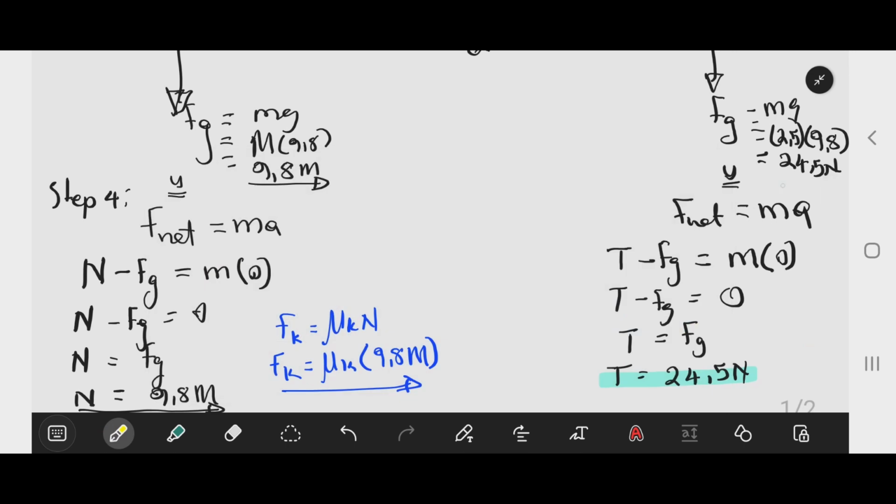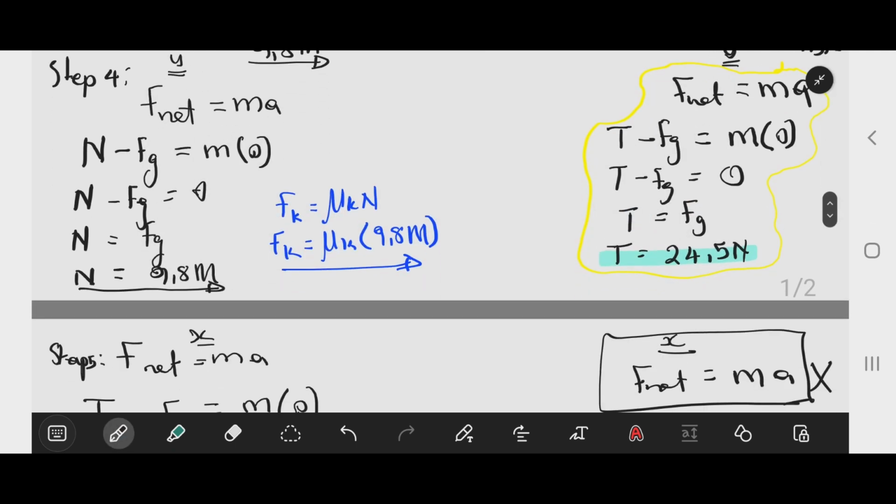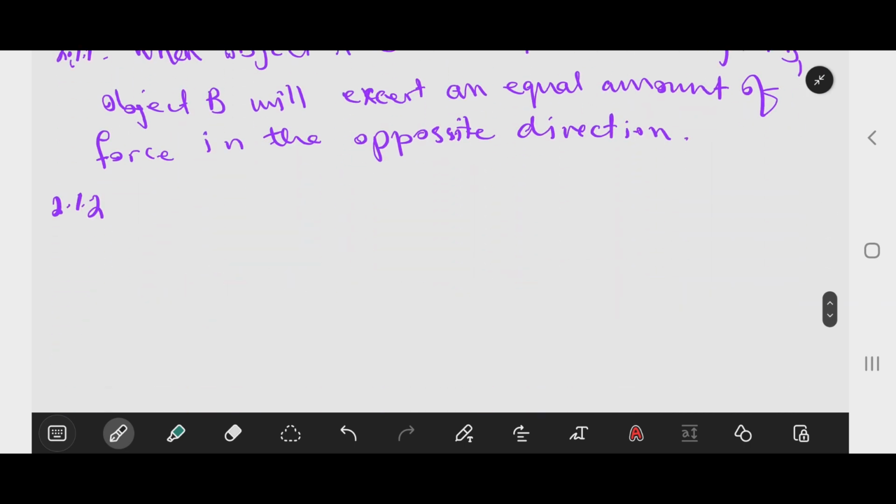We have obtained tension from Fnet equals ma in the y direction of the second object. So you take that working and then you just copy it down there. So you just transfer this working and then put it here. So I'll just write here that this is from the analysis.